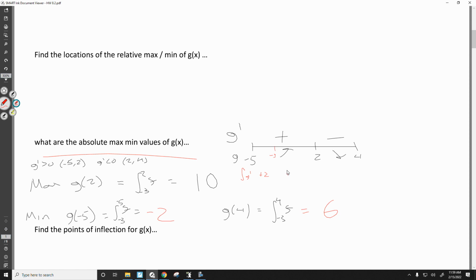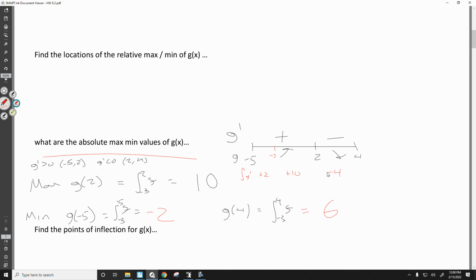We had a +10 till 2, and then we have a -4 from 2 to 4. -2 plus 12 is 10. Minus 4 is 6. You're given the graph of velocity. You find the areas. It's actually easy to find these points rather than starting from an initial position and adding your areas. It's the same thing. It just looks different.